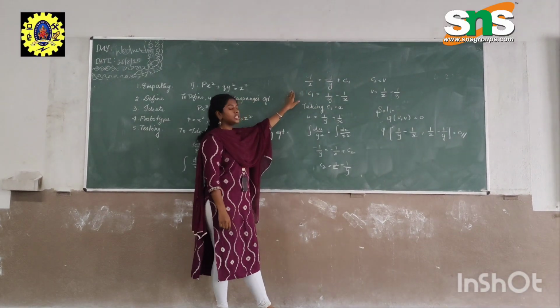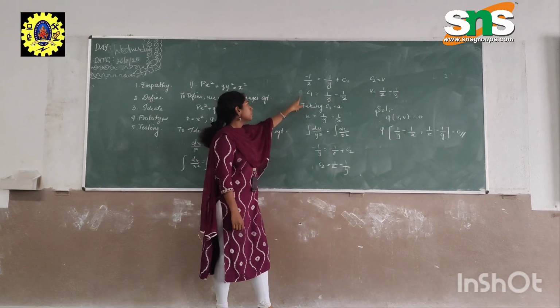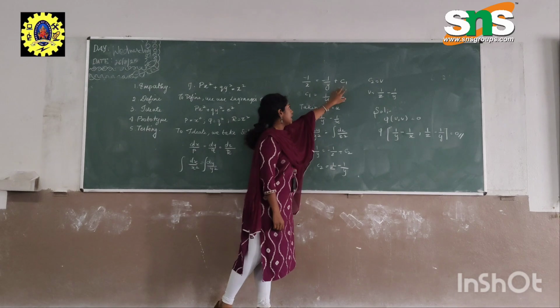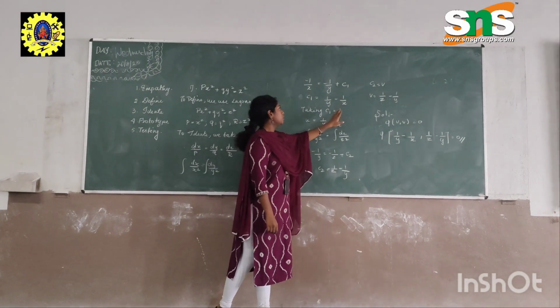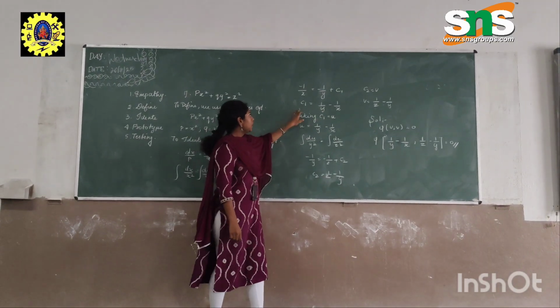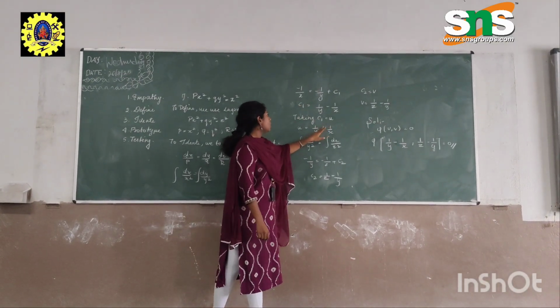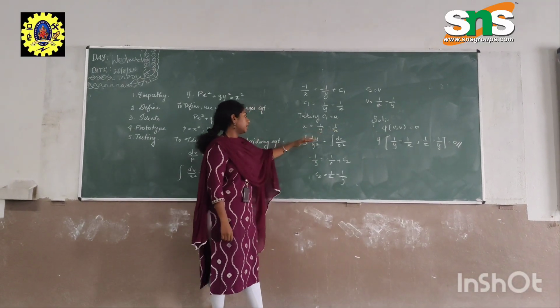Here on integrating, it comes like x power n plus 1 by n plus 1. Then we take the c1 out and form an equation like this, that is 1 by y minus 1 by x. We take this c1 as u and substitute it. This is the u part.